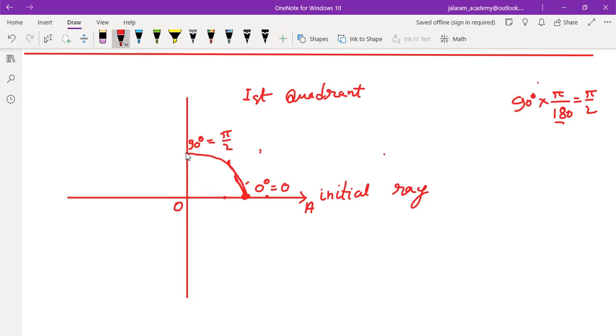The next quadrant starts from 90 degree and ends at 180 degree, and this is the second quadrant. We know that pi radian equals 180 degree. It means from pi by 2 radian to pi radian, the second quadrant will be there.